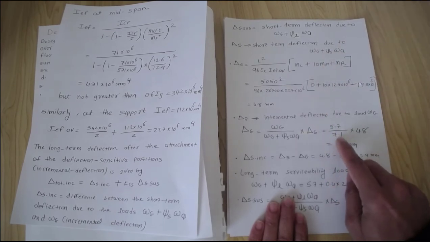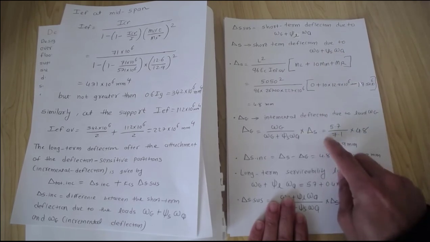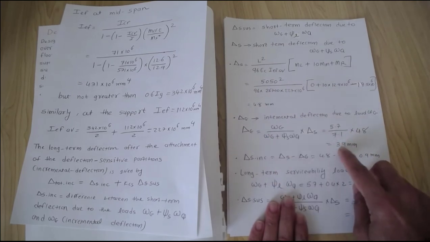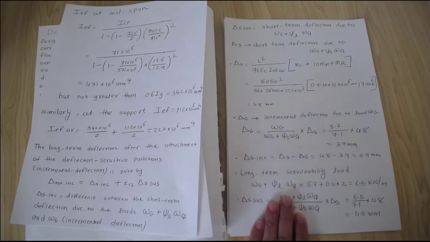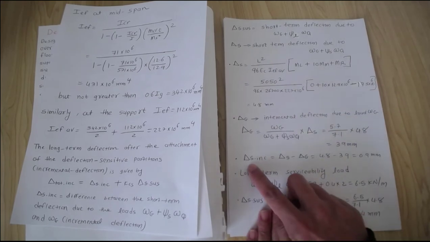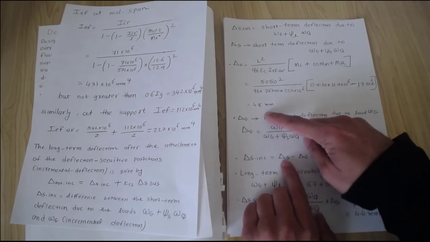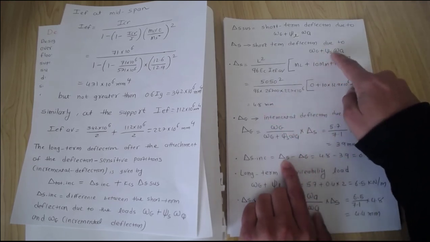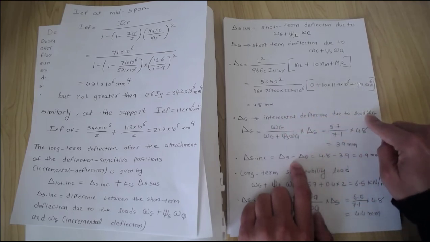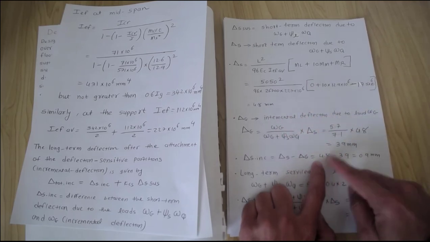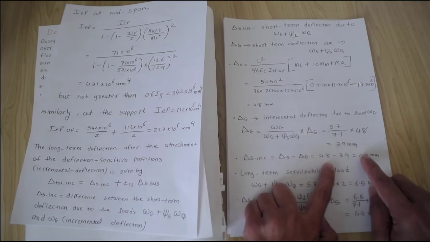That simplifies to 7.1 times 4.8, which we just calculated, and it gives me 3.9, which is the incremental deflection due to this load. So the short-term incremental deflection is equal to the 4.8 short-term deflection due to the short-term load, take away the 3.9 incremental deflection due to this load, which is 4.8 take away 3.9, giving 0.9.